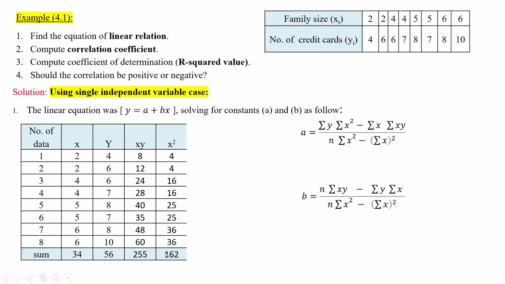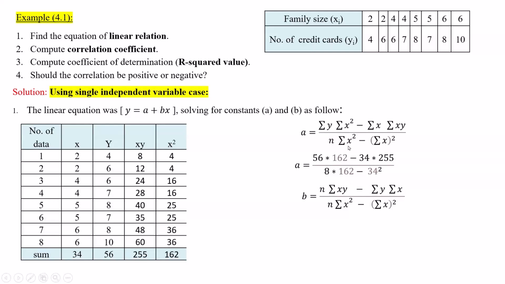Now we have everything to find a and b. Just put this data into the equation. We get a equals 56, summation y, times 162, summation of x squared, minus 34, summation of x, multiplied by 255, summation of xy, over 8, number of data, multiplied by 162, summation of x squared, minus 34 squared. You have to make a difference between summation of x all squared and summation of x squared.